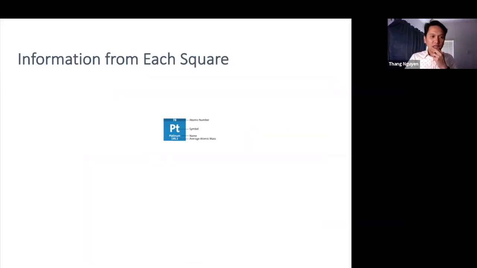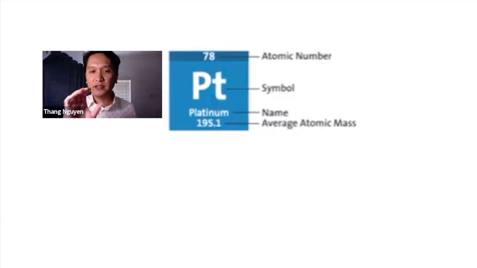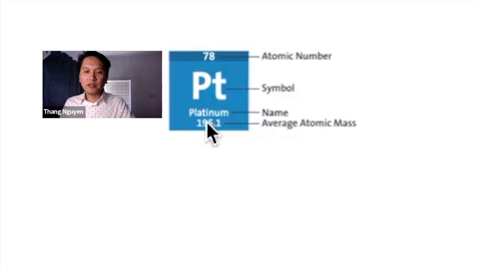Okay, so before we talk about the periodic table, let me zoom in onto the square here. What is the information you can glean from each square of the periodic table? So the biggest thing here is what is known as a symbol. The symbol is a shorthand to write the full name. So for example, this is Pt, which is for platinum, okay? And there are two numbers on a periodic table.